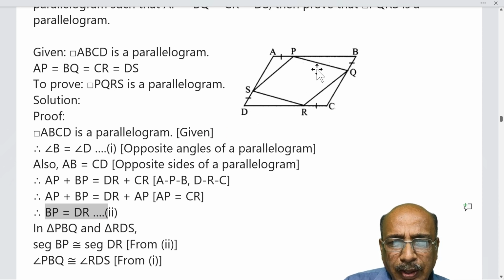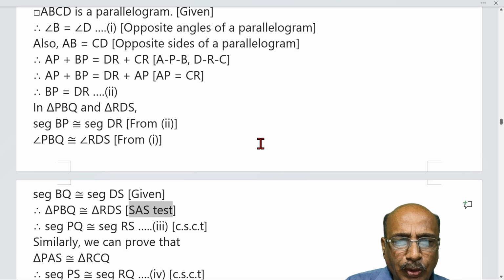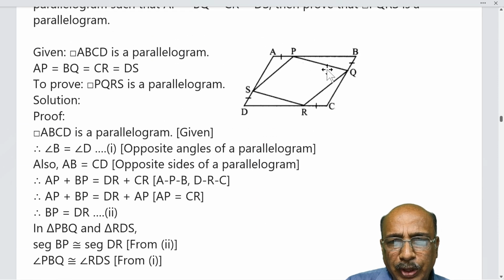And angle B is congruent to angle D, opposite angles of a parallelogram. Therefore, triangle PBQ is congruent to triangle RDS by SAS test. Therefore, segment PQ is congruent to RS.